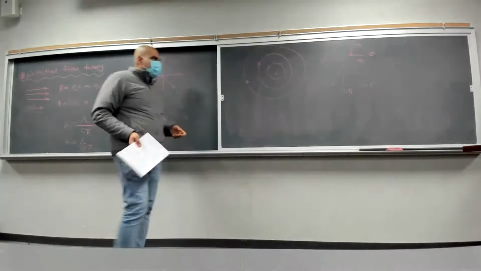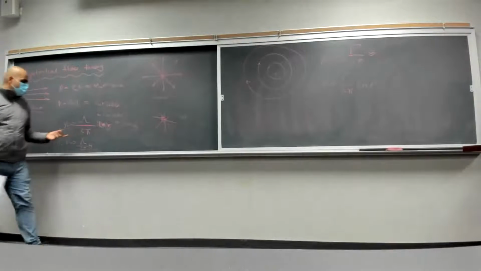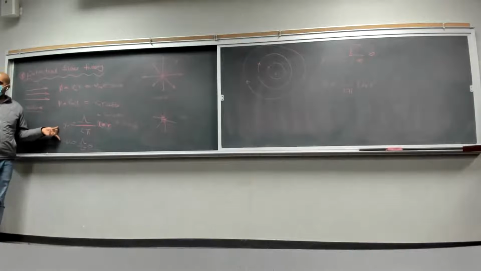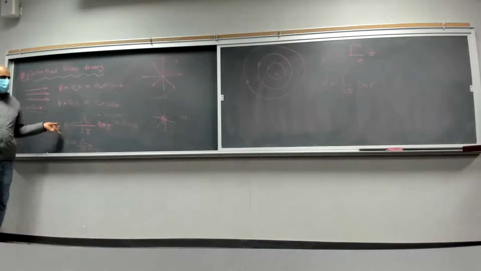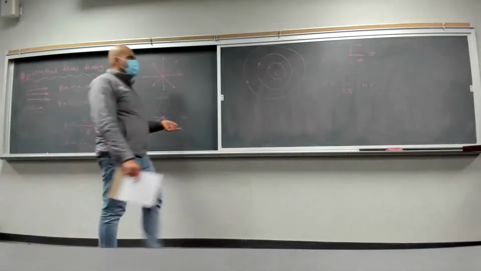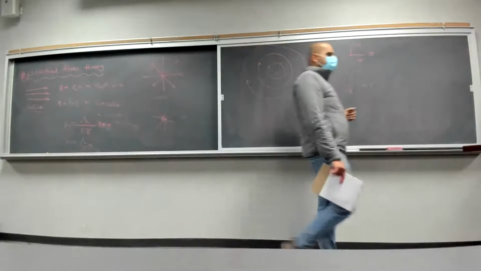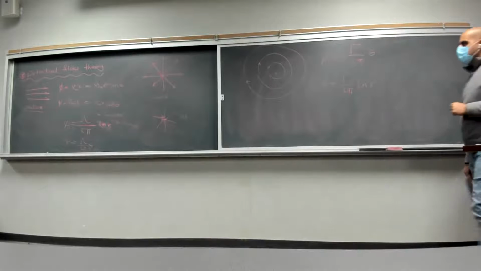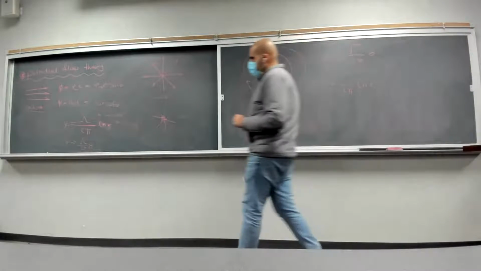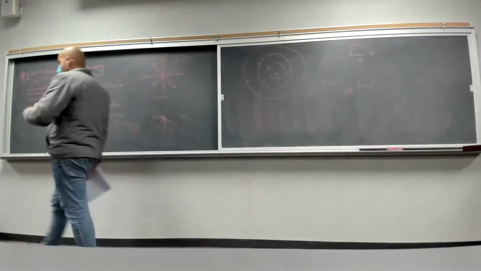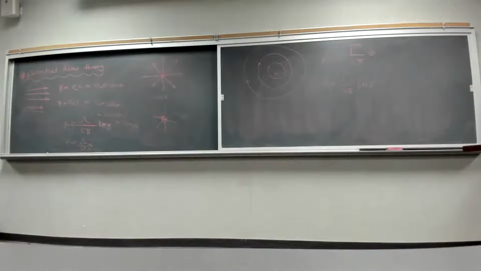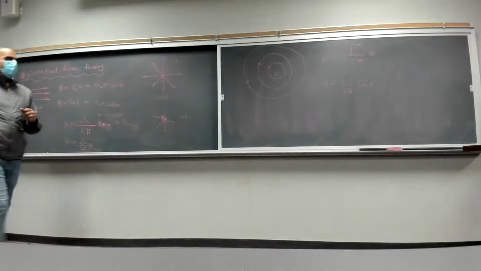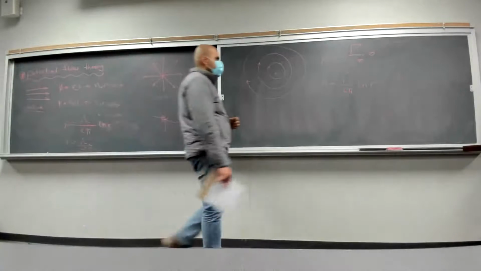So if you compare these two, you can see that they are essentially the other way around. Velocity potential of the sink or source flow is the stream function for the vortex flow. And the stream function for the source or sink flow is the velocity potential for your vortex flow.